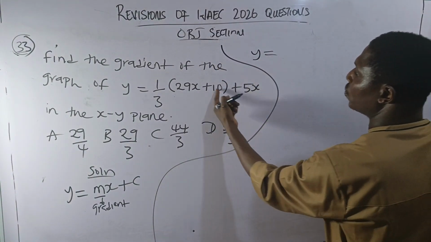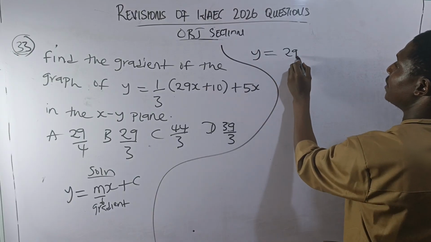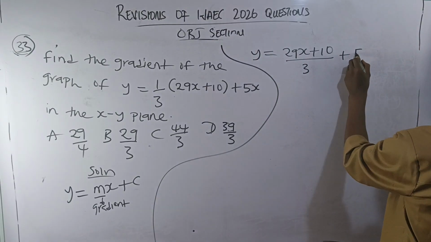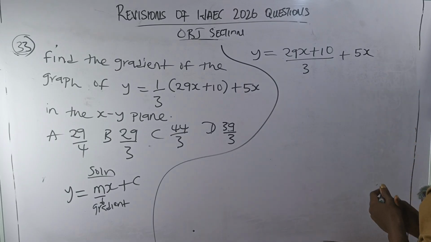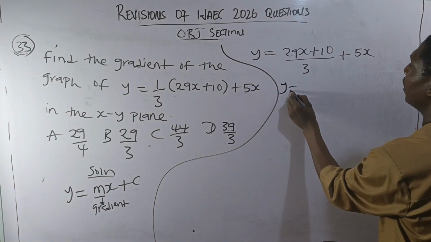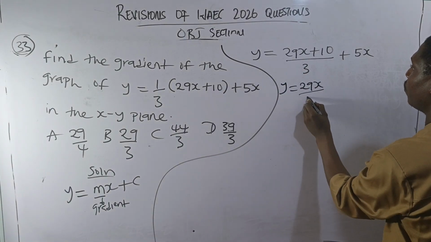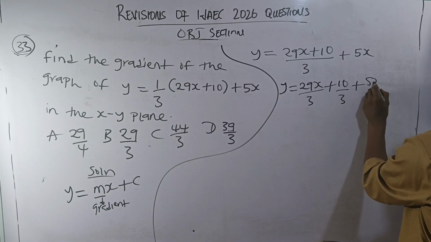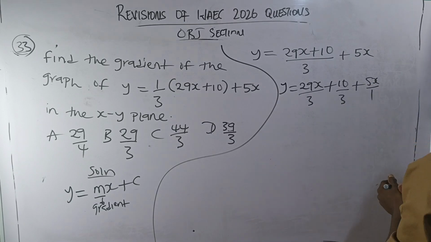Now let's see. y is equal to, this is the same as saying 29x plus 10 over 3 plus 5x. Now I have x here, I also have x here. I can split this. This will give me 29x over 3 plus 10 over 3 plus 5x, which is like over 1.